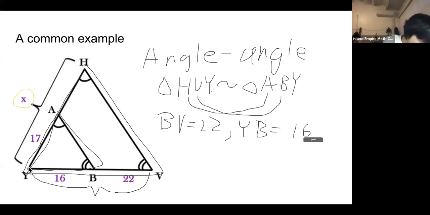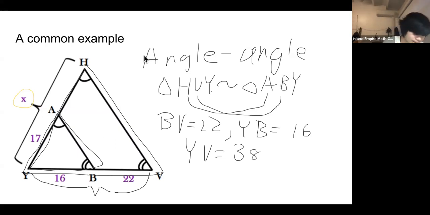Well, then what is YV? So YV is going to actually be 38, or 22 plus 16, because these two added together will get us 38. So YV is one of the big lengths of this bigger triangle, HVY.